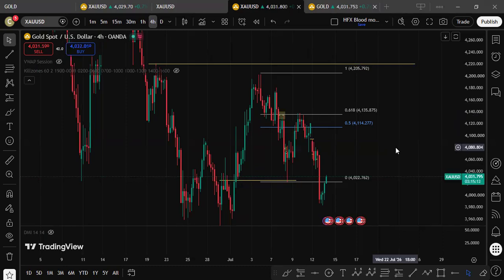Now, how can I also tell that I've gotten to my entry? I'm just taking you through what happened. This move actually happened on Thursday last week. Even this move started on Thursday as well. Remember this area? Should I mark it out?